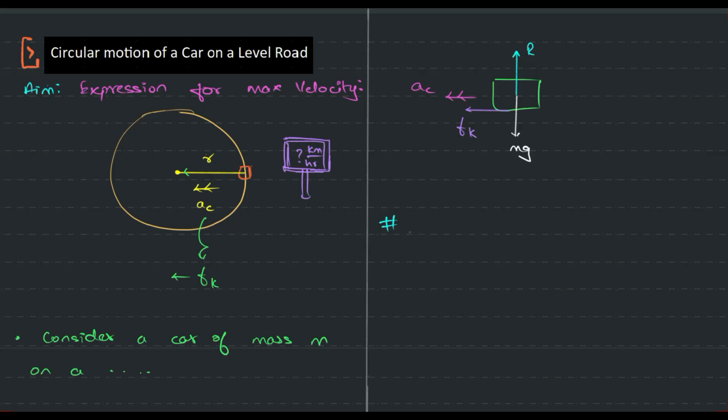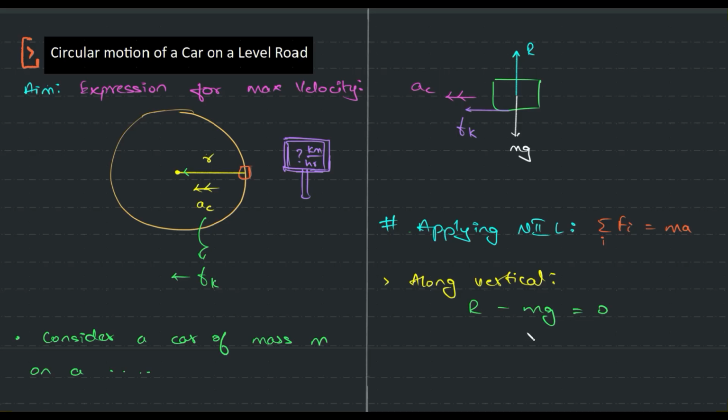Right, let's have a look. Now first we'll apply Newton's second law, that is the sum of the forces gives us mass into acceleration. So now we'll apply it along the vertical. Along the vertical we have R minus mg.